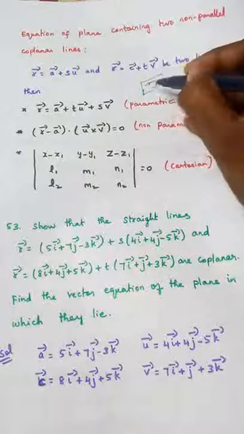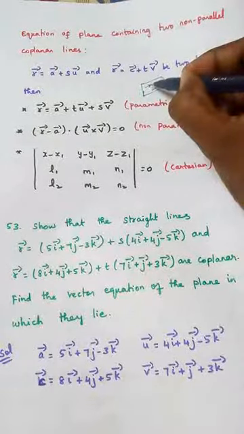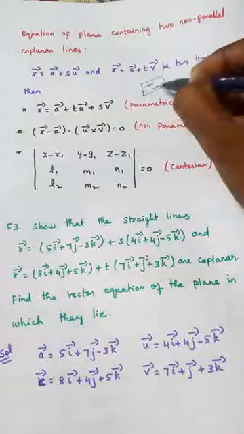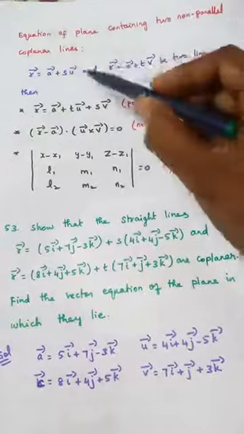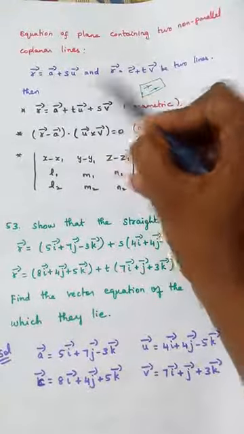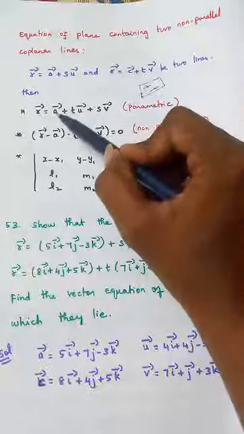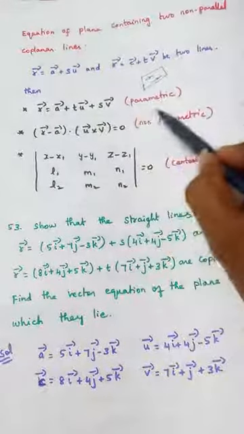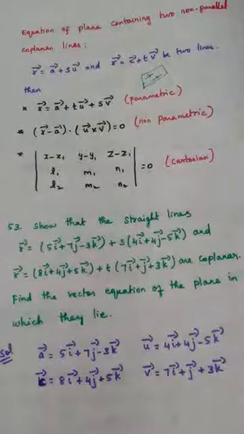So I can take a point on this straight line. If I take a point on the straight line, definitely it is a point on the plane. Even if I take a point on this line, then also it will be a point of the plane. So I can use either this point or this point in this formula. Either I can say A vector, or I can use C vector also. So this formula is called the parametric form of the plane.